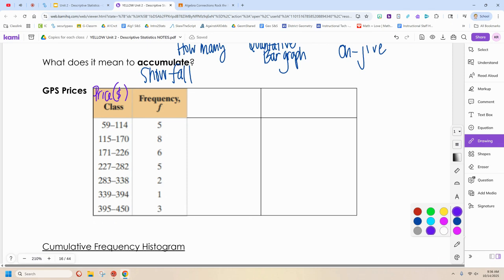And if we add this column up, this total is 30, right? The total number of GPSs is 30. So that's how tall our last bar is going to be. So we're going to call this column cumulative frequency.